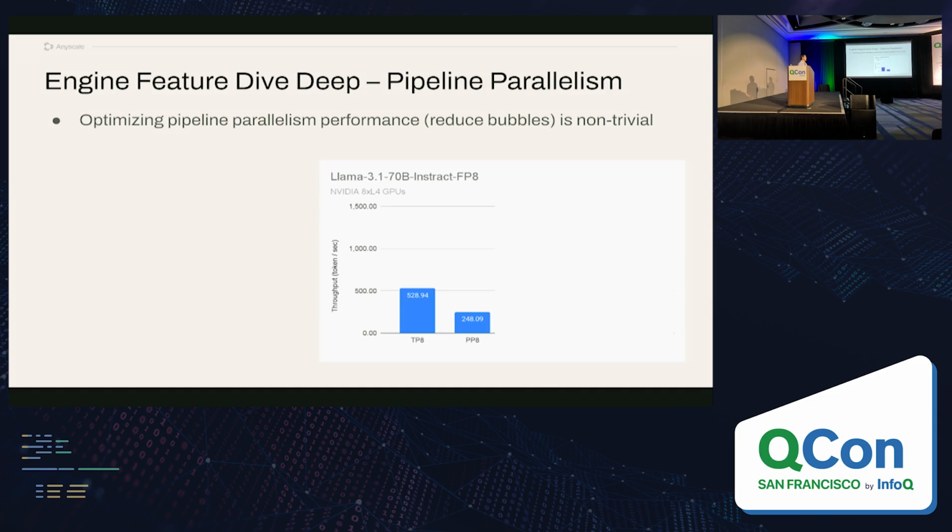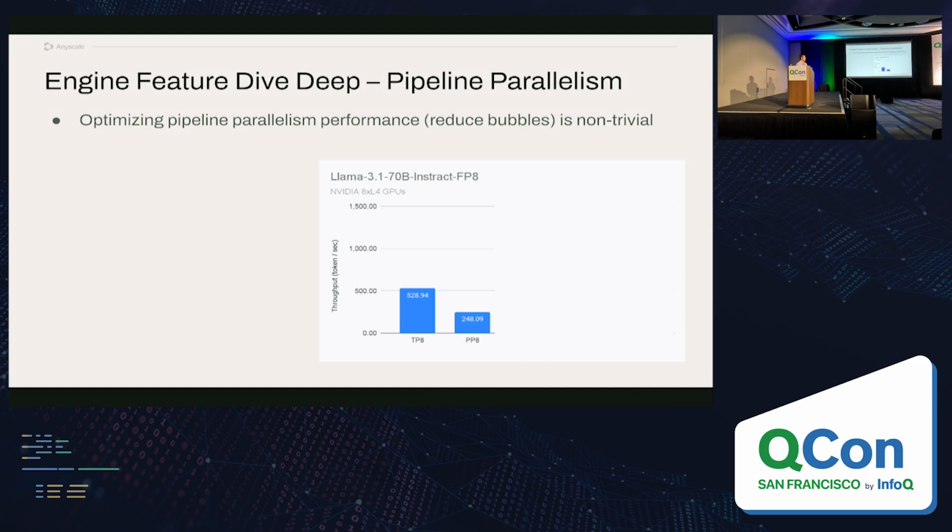So here is an example of pipeline parallelism. One thing I do want to highlight is, although pipeline parallelism is an intuitive solution to achieve high throughput for batch inference, it's not straightforward to achieve the best throughput out of the box. For example, in this case, we use 8 L4 GPUs to serve a single Llama 3.1 70B model. TP8 stands for tensor parallelism on 8 GPUs, and PP8 stands for pipeline parallelism on 8 GPUs.